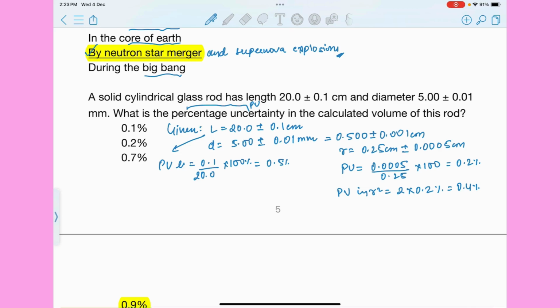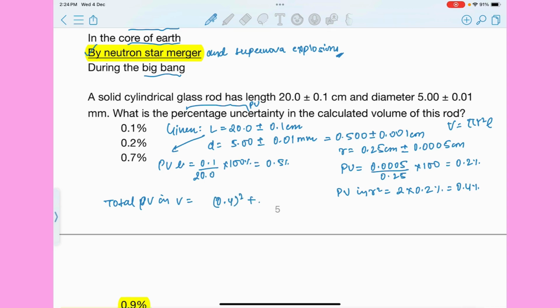So for the total percentage uncertainty in the volume, as volume is pi r square L, we will take the r square percentage uncertainty, that is 0.4% square, and in length 0.5% square.